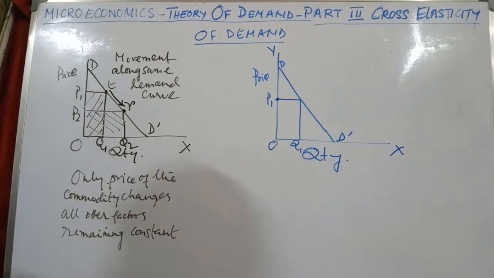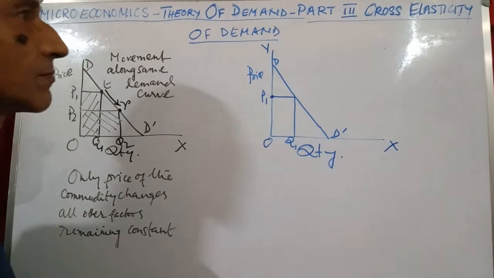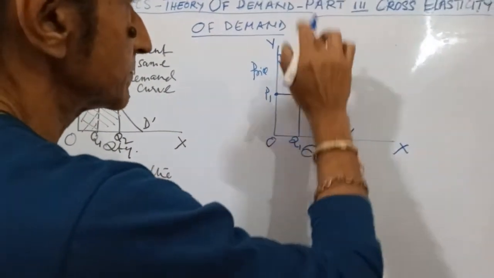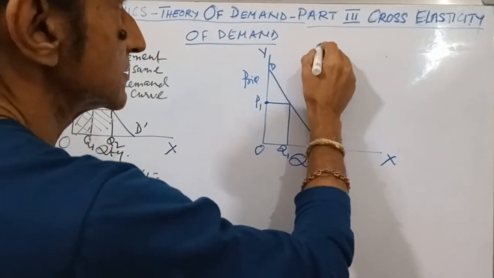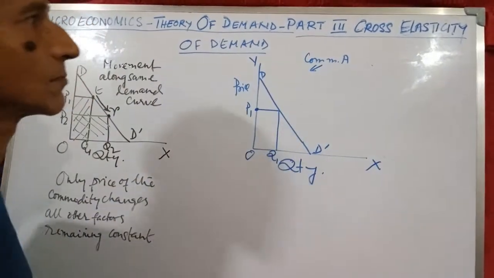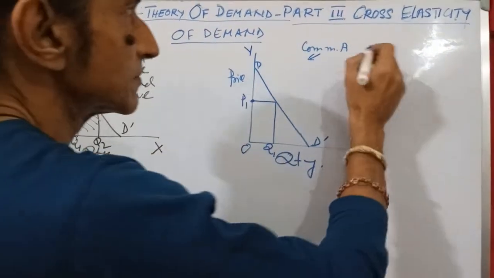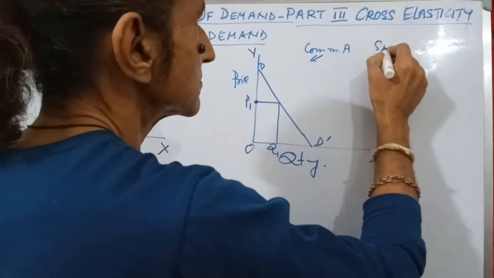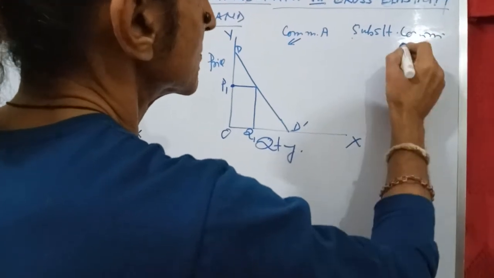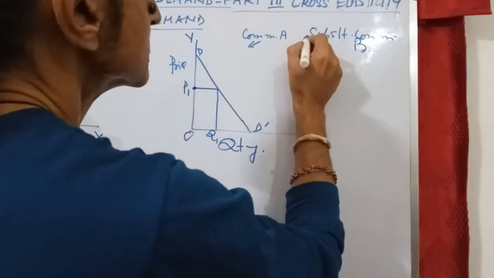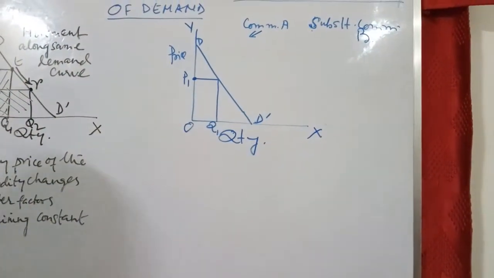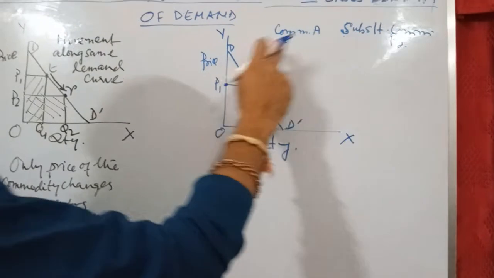Now, suppose this commodity, say this is commodity A, has a substitute commodity B, correct? Say this is tea, this is coffee.